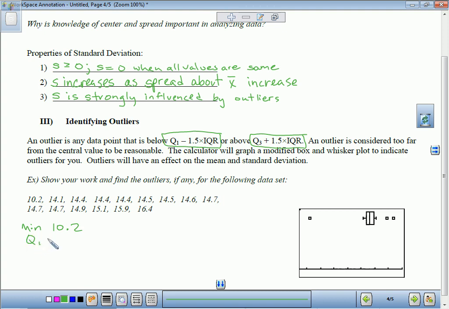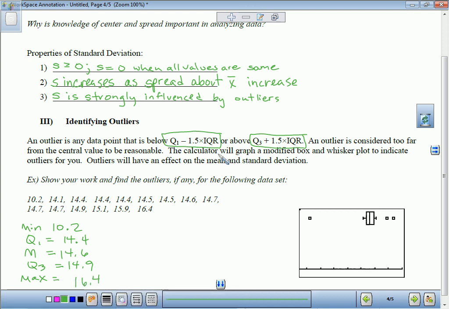Q1 of this data set, so if we had time to practice, you would just enter this data on your calculator, but I'm giving it to you. The median of this data set is 14.6. Q3, the third quartile, is 14.9. And the maximum piece of data is 16.4. So if you entered this data on your calculator, ran one variable statistics, the last 5 statistics you would get is this 5-number summary. The min, Q1, the median, Q3, and the max. That's what they are.